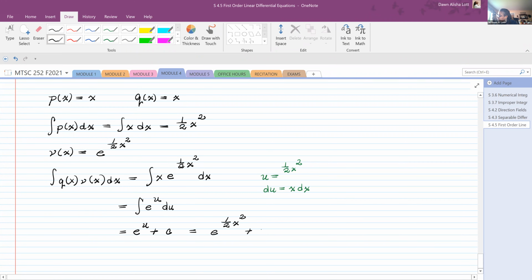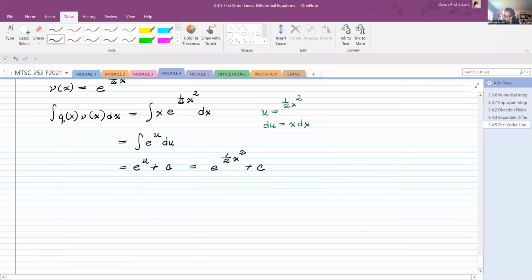But here I have to include my constant. So y of x is just going to be e to the 1/2 x squared plus a constant divided by e to the 1/2 x squared.